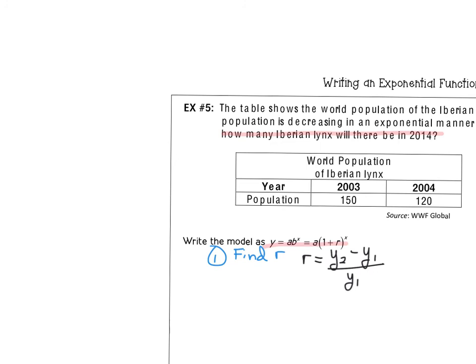All right, so here we go. Let's plug in our values. I'm going to take my newest population, 120, and then I'm going to put in my original population that we started with, 150. But we need to divide by our original, because what this is going to tell us is the change over the total original.